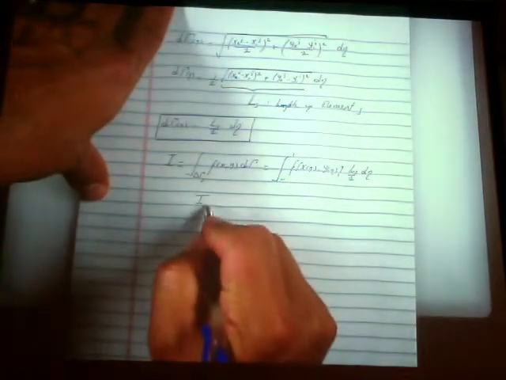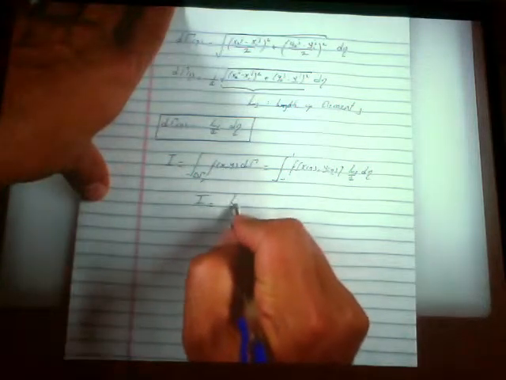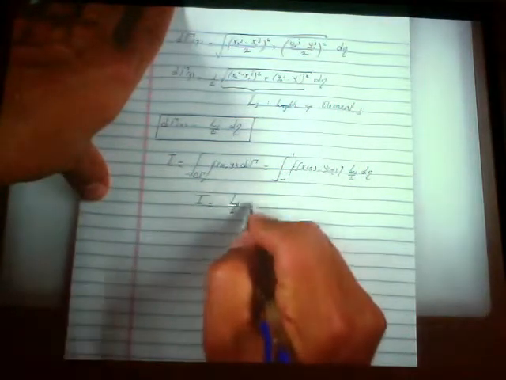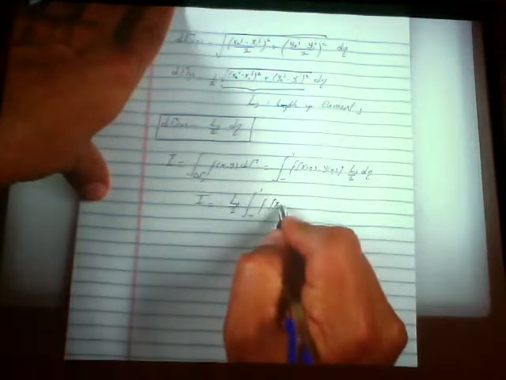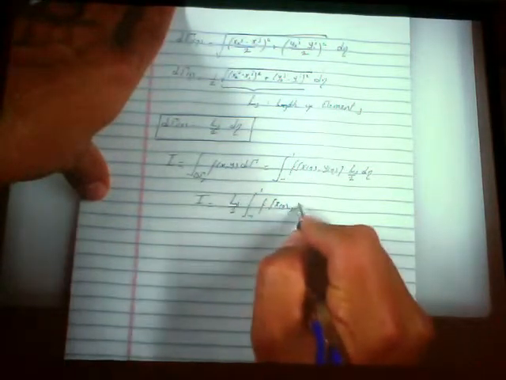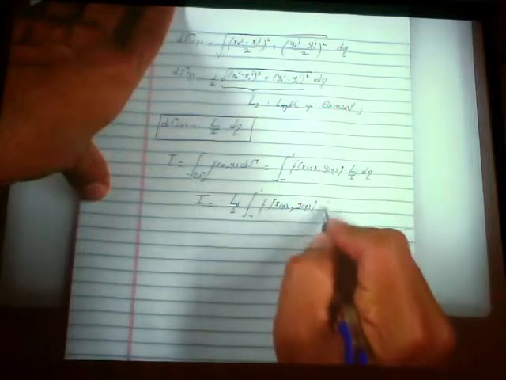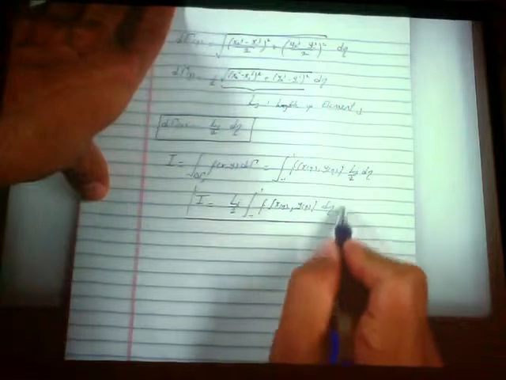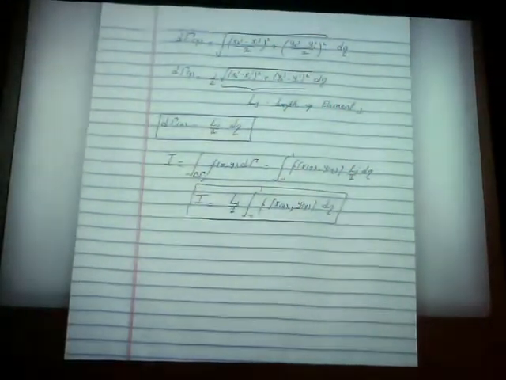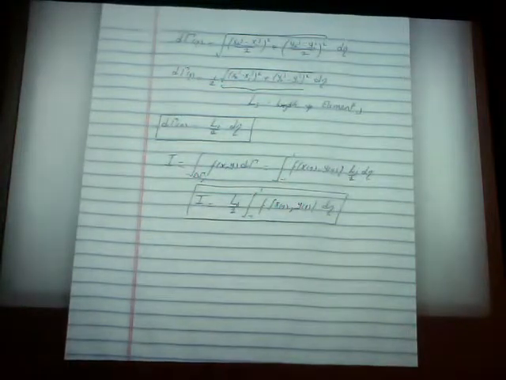And therefore the integral is simply the length of the element divided by 2 times the integral from -1 to 1 of f parameterized over eta, d eta. So what was originally a line integral is now an integral over a single variable eta from -1 to 1.